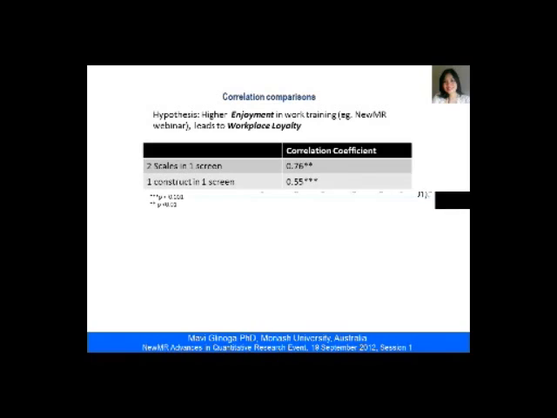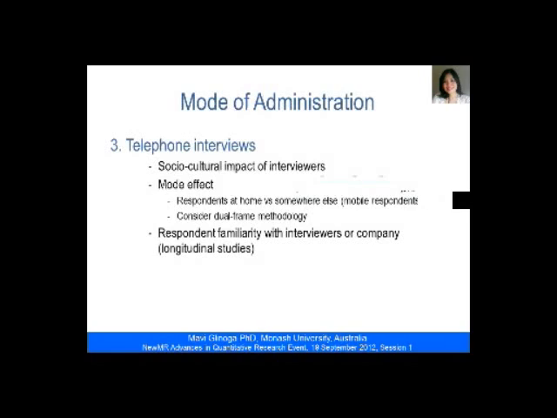So you can see there's a big difference in the way that reality is represented, just because we have one scale in one screen versus 2 scales in one screen. So watch out for these things when you do your online studies.